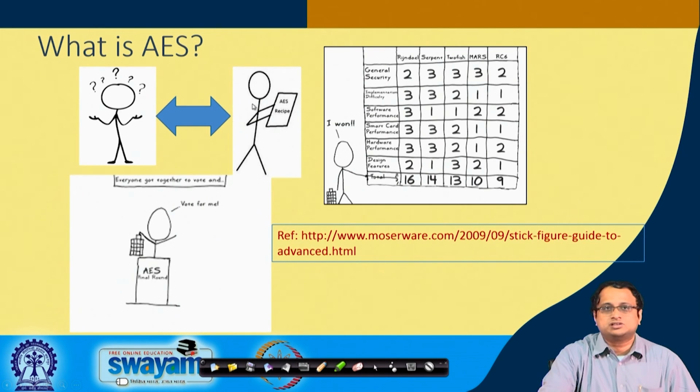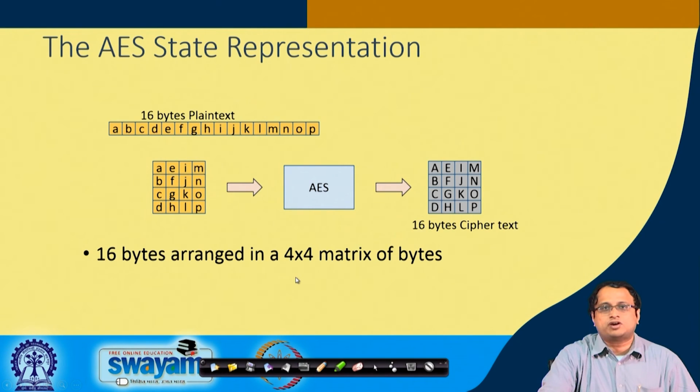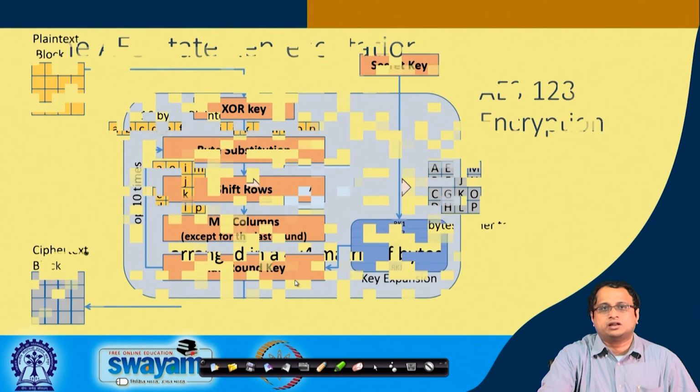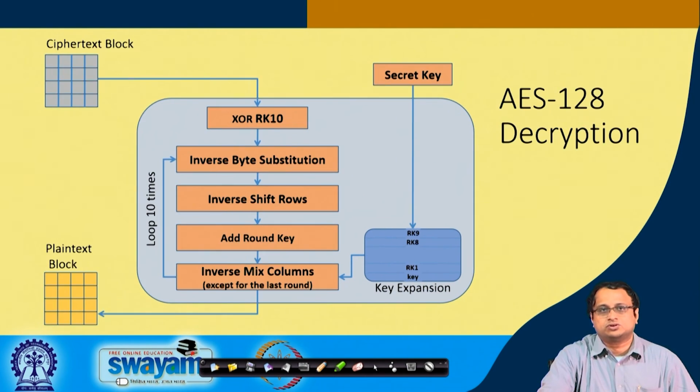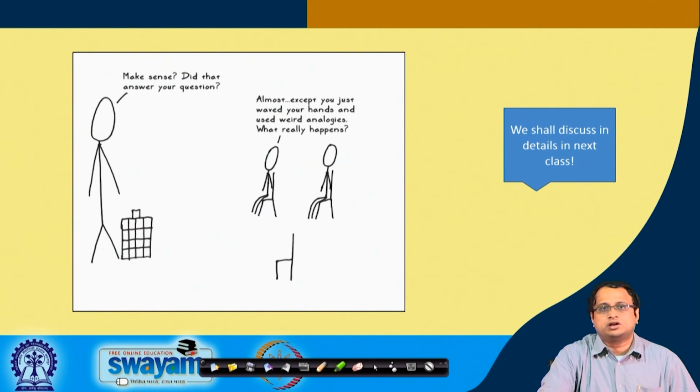This particular cartoon or stick diagram I have taken from this URL, so I would like to thank for that. Finally, we will take a look into how AES looks like, and that is something we will study in more detail in the next classes. Here I have tried to give you an overview of these cryptographic algorithms, but we will be studying AES in more detail in the next classes.